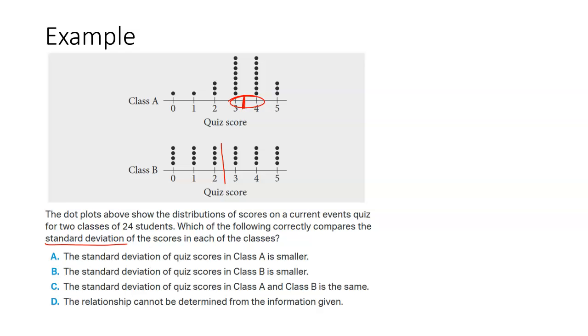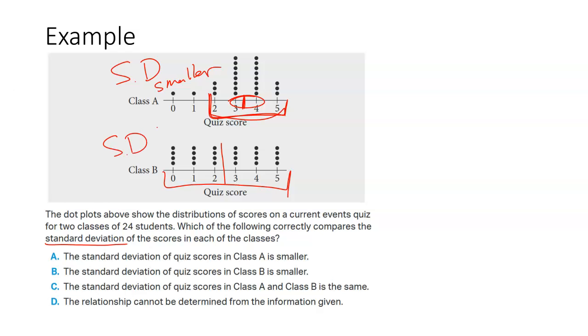So what do we think? Which one of these has a smaller standard deviation? A. Because most of my data points are clustered within 1.5 units from my mean, while here, my data is much more spread out. It's not all clumped together in one area. So my standard deviation here is smaller.